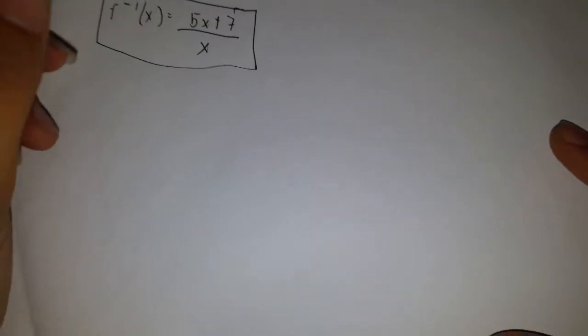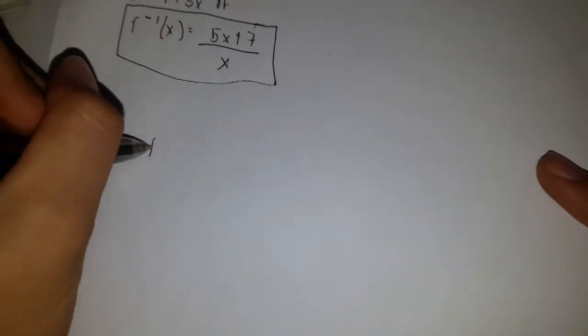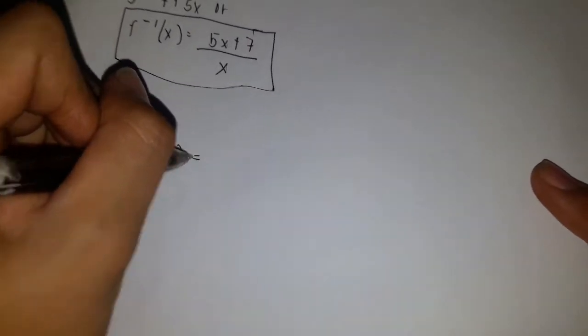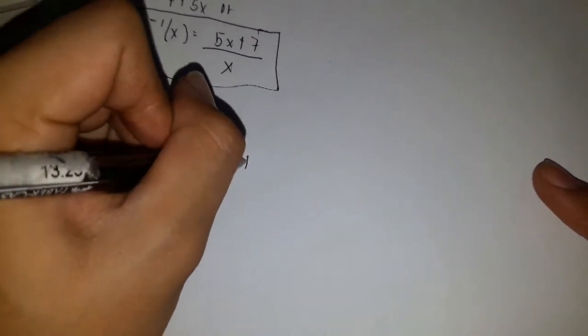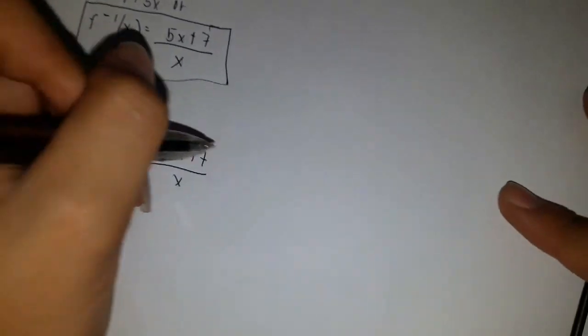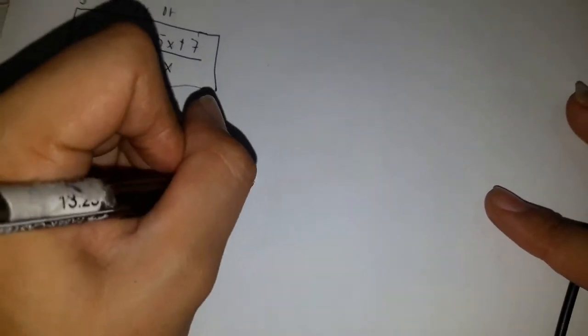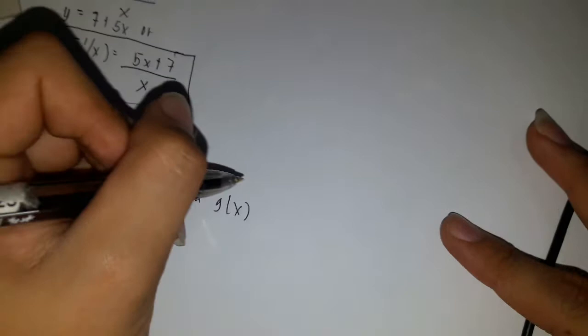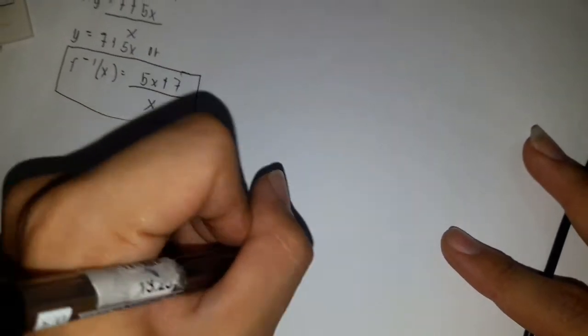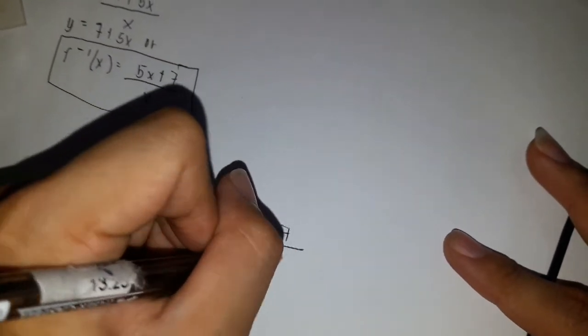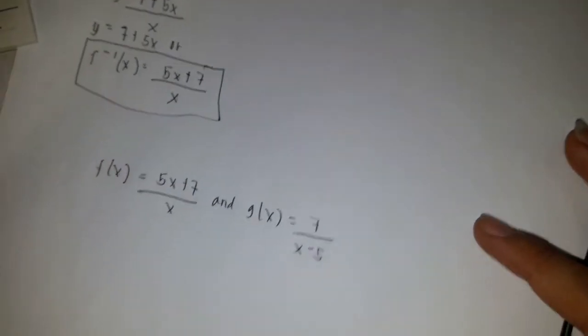So let's verify if f of x equals 5x plus 7 over x and g of x equals 7 over x minus 5 are inverses.